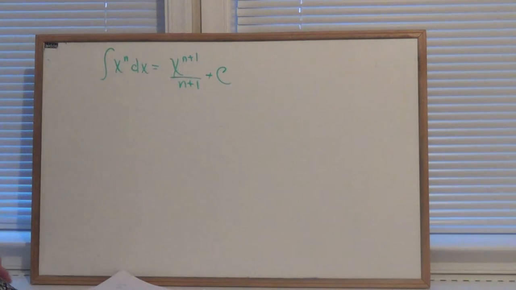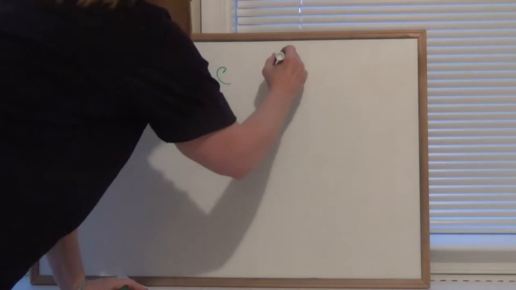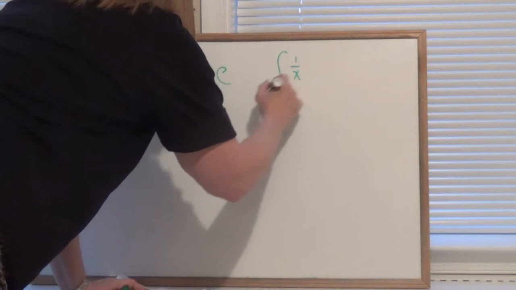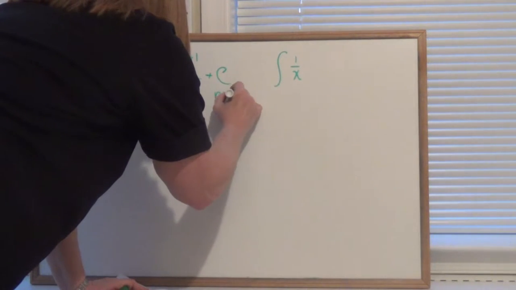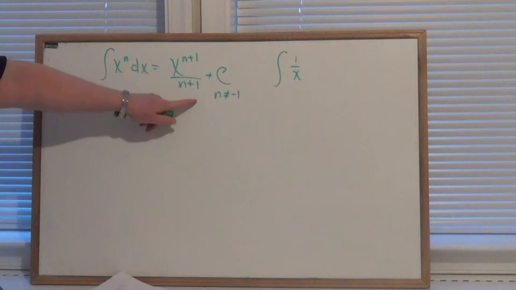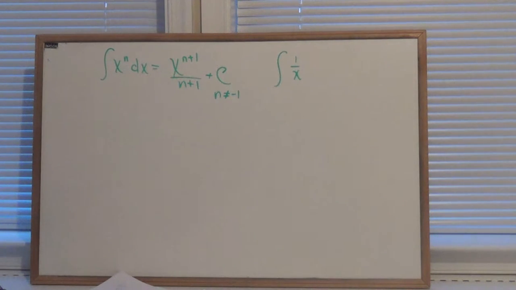That was the first integral that we learned. The other one was the integral of 1 over x, because this does not count when n is equal to -1, because it causes us to divide by 0.